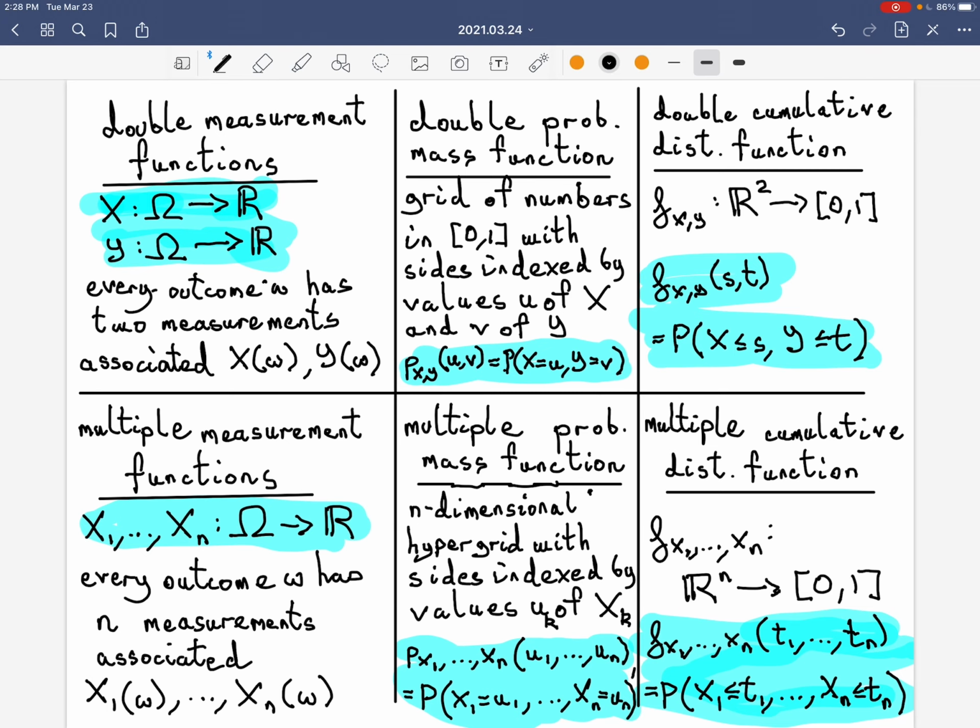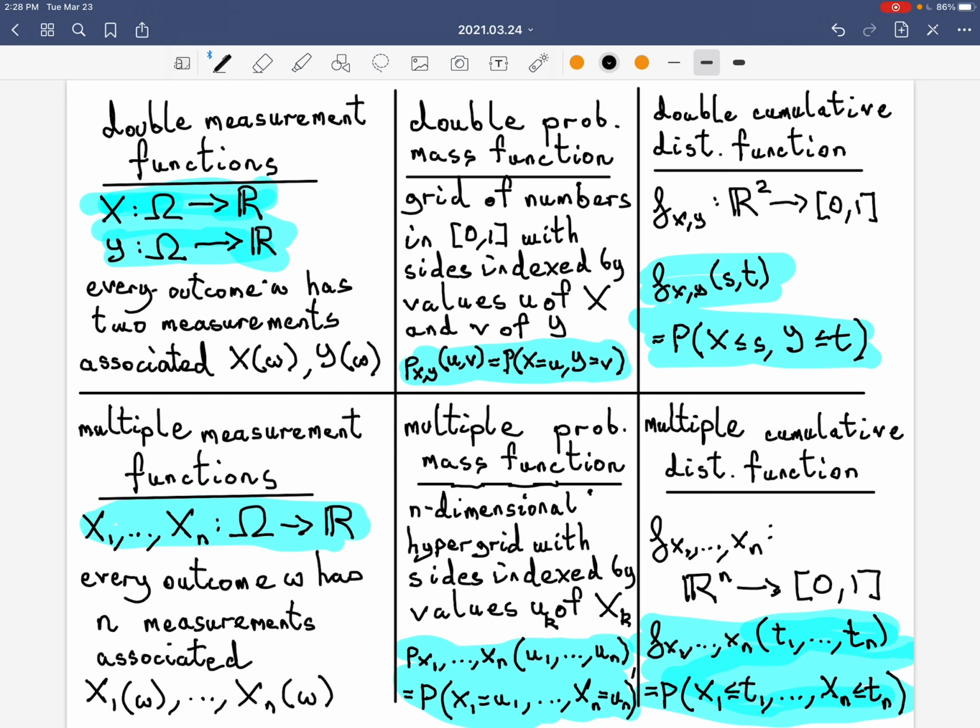Whereas with the double cumulative distribution function, you get useful information for pretty much any input that's not way too far down or way too far up. And so what you ask for the double cumulative distribution function is you think about it as a function that's defined on a plane.